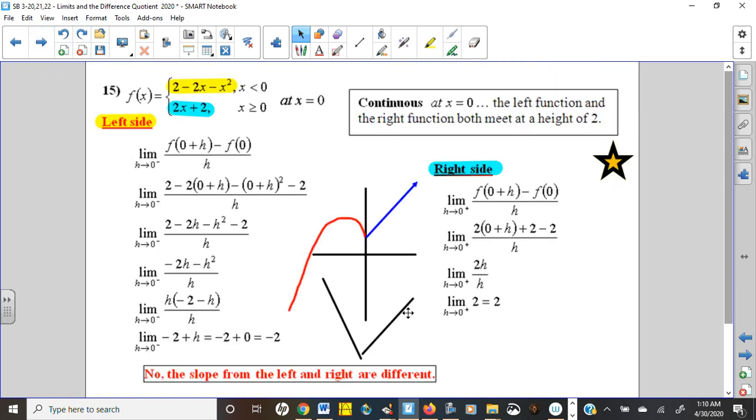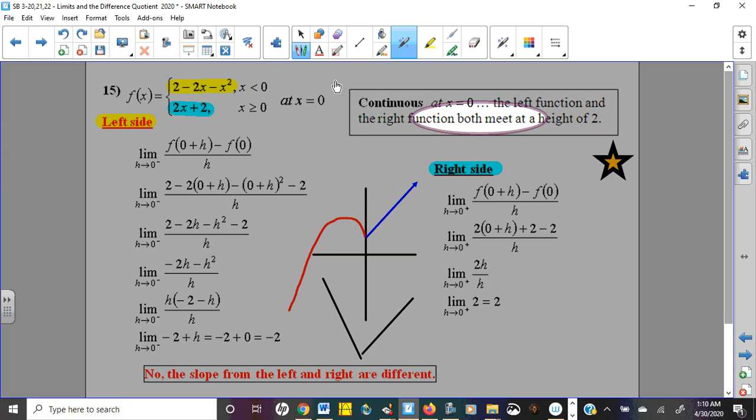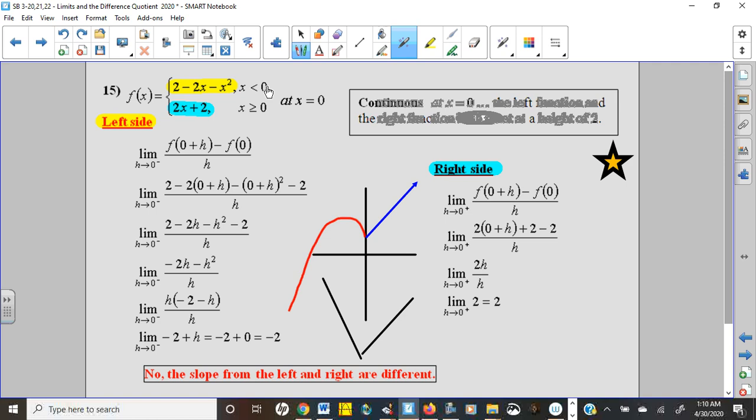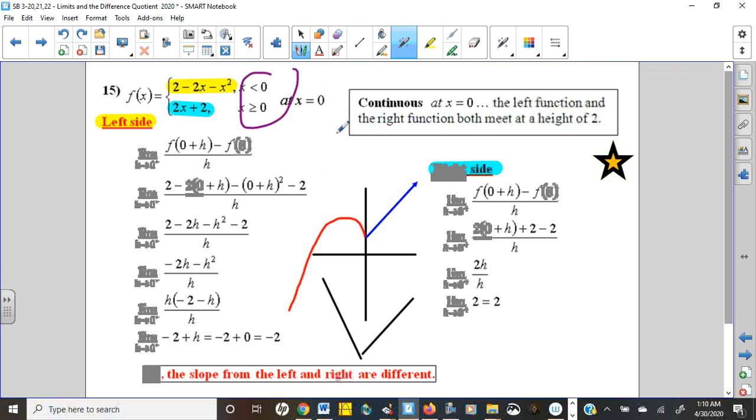Now, 15 and 16 were kind of interesting. 15 I did for you, actually. I didn't show you a graph, but I just did this work, and I showed you that even though we did have continuity at the breakpoint, because we had the same height of 2, the slope of the left function was -2, whereas the slope of the right function was +2.